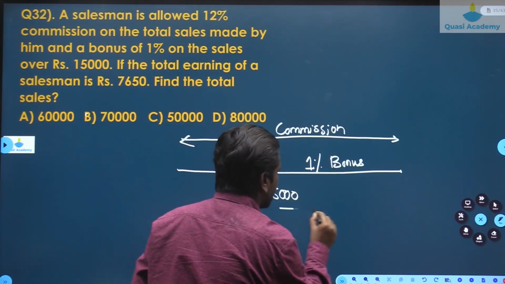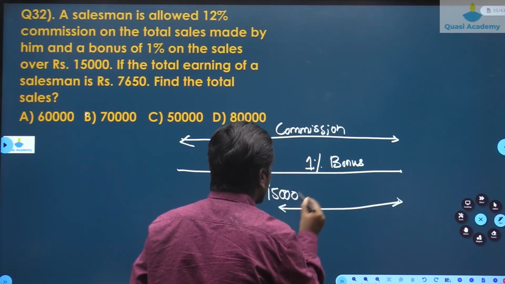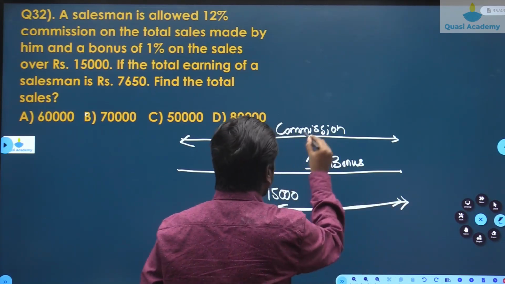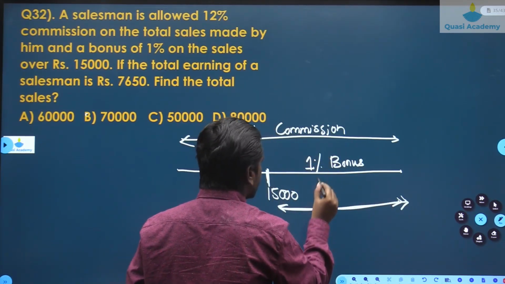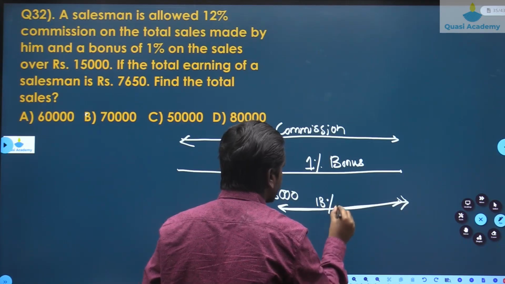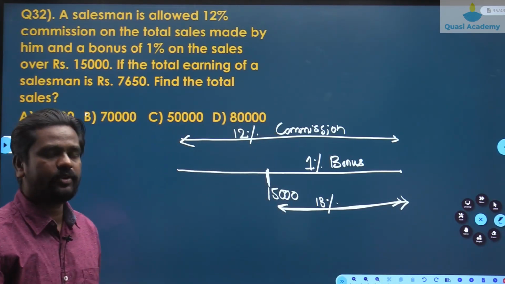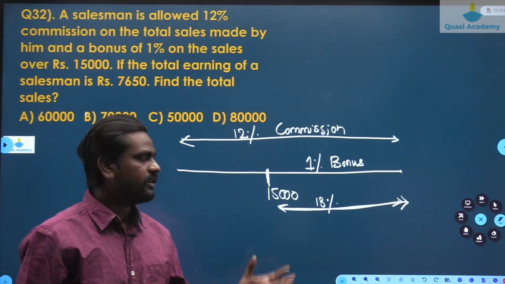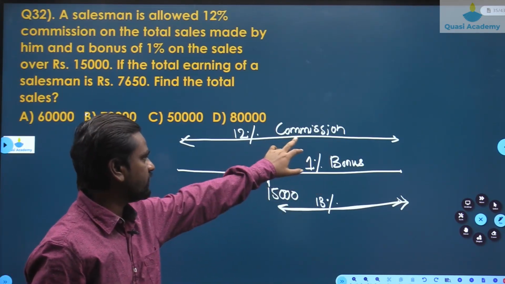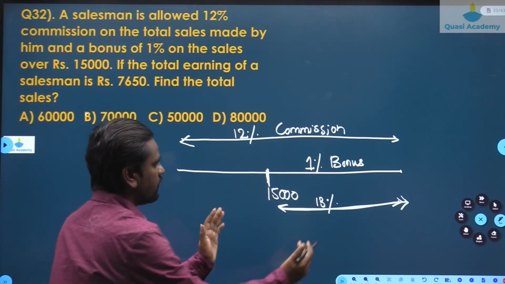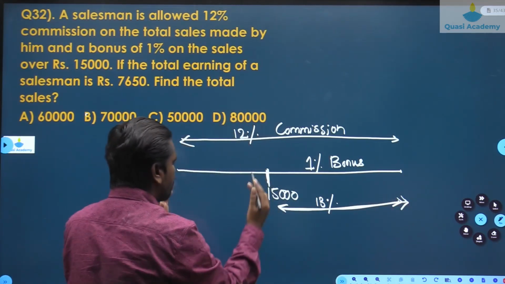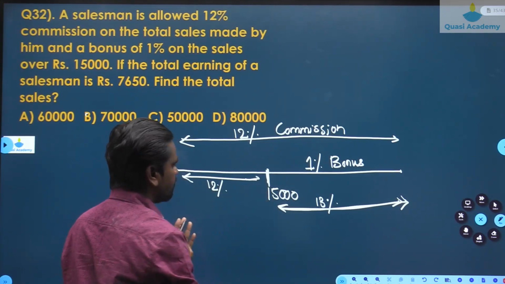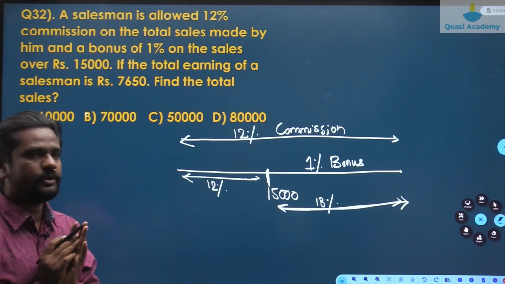So on these sales he is getting 12% commission plus 1% bonus, so 13%, and on the sales below that he is getting only 12%.